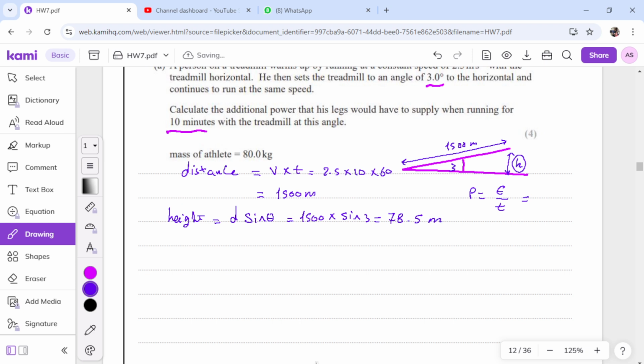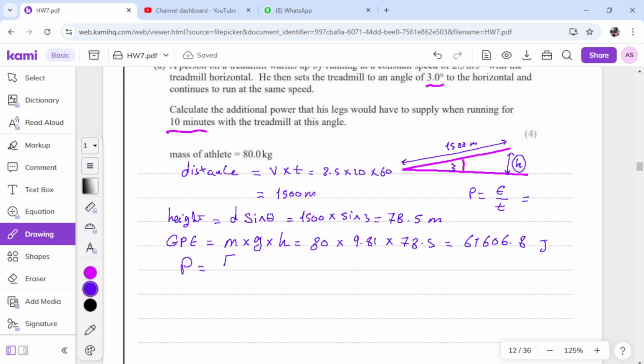Now let's find the gravitational potential energy, which is m multiplied by g multiplied by height. m is 80, multiplied by 9.81, multiplied by the height, 78.5. Now use your calculator. It will give you 61,606.8 joules.